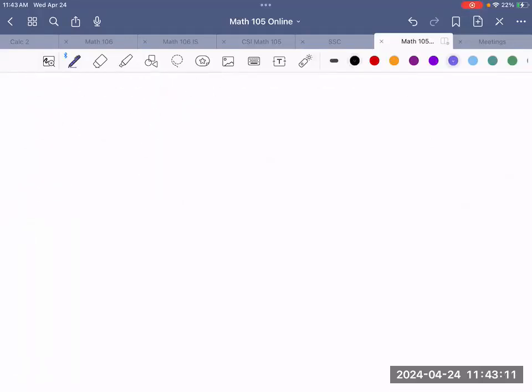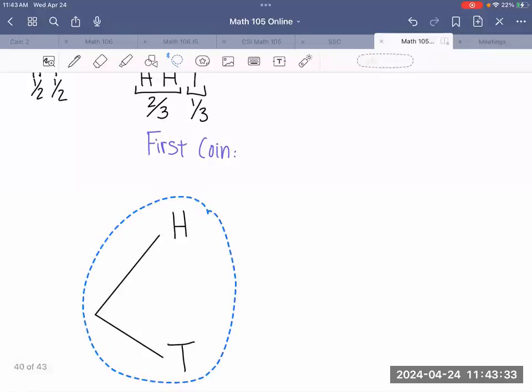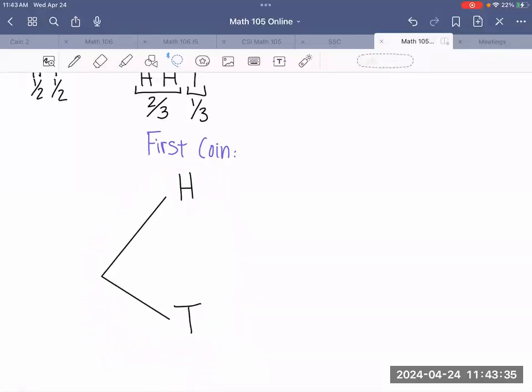So if we have coin toss 1, our first coin, we have a heads and a tails. Okay, so we toss your coin, we either get a heads or we get a tails, right?